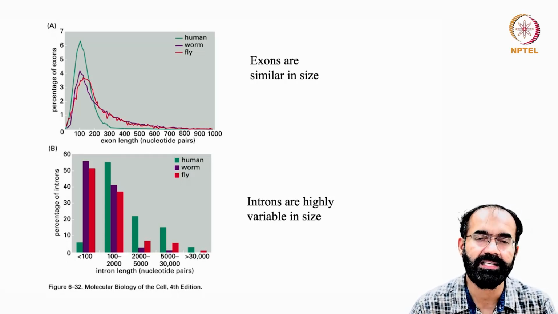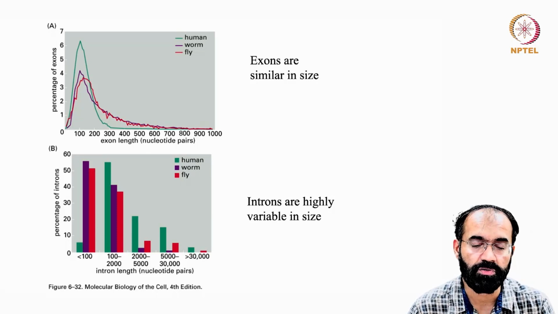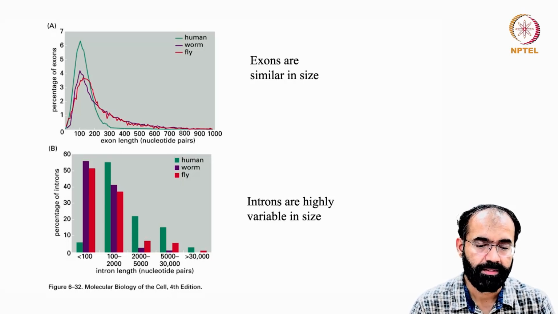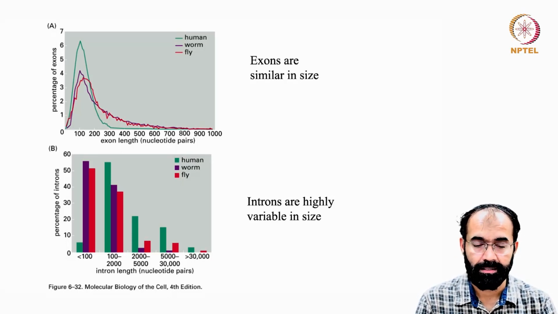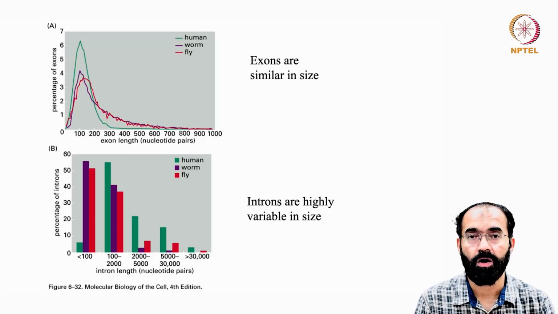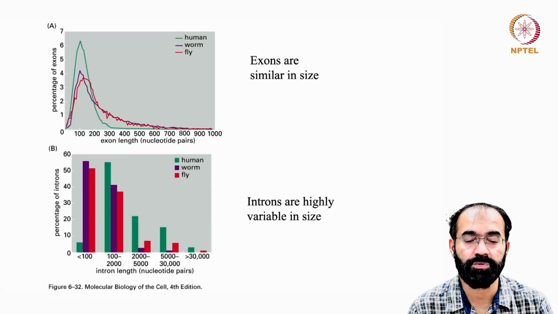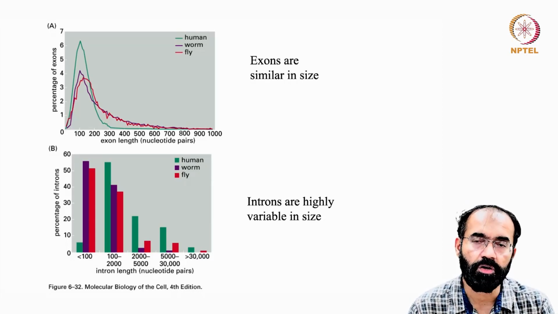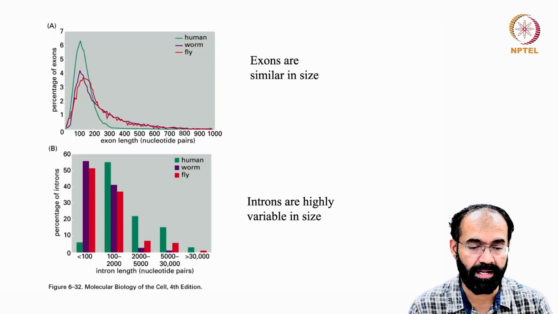Again, intron sizes in human, worm and fly are much larger and much more diverse compared to exon size, but we can say a typical intron is less than 5000 on average.